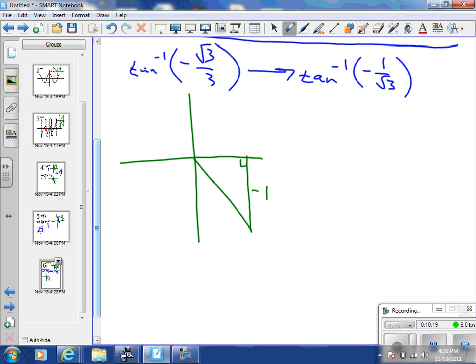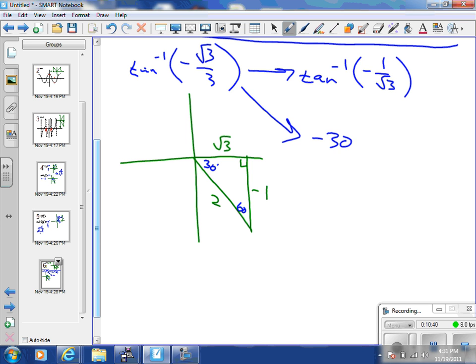So for the tangent to be negative 1 over the square root of 3, it has to look like this, and then that would make this the 2. So we recognize this as the 30, 60, 90 triangle. The 60-degree angle would be down here, and the 30-degree angle would be there.